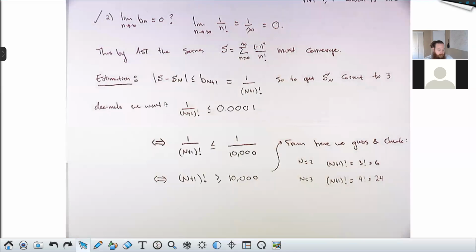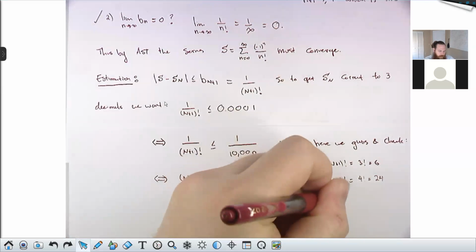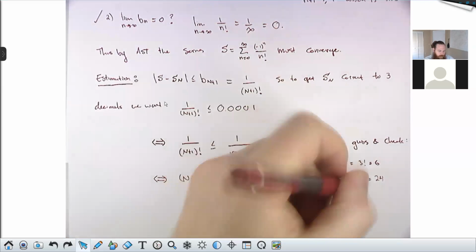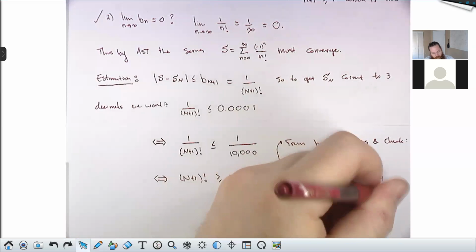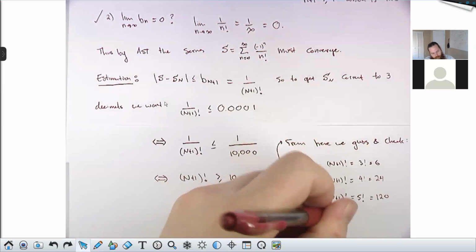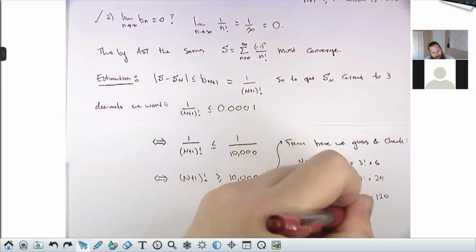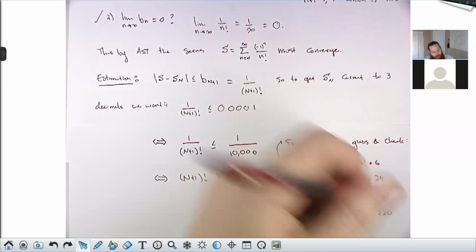It's still not big enough. If capital N is 4, then N plus 1 factorial is 5 factorial, which is 120. If capital N is 5, then N plus 1 factorial is 6 factorial, which is 720.